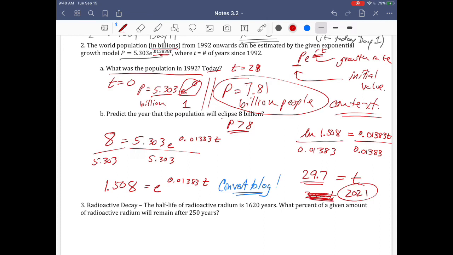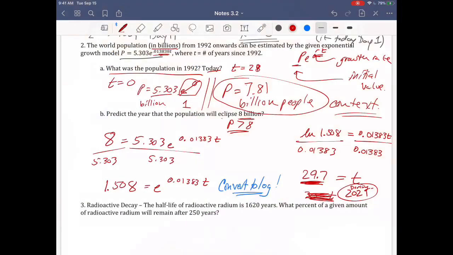Don't round up to 30, because at the beginning of the 29th year, it will not have reached 8 billion. By the end of the 29th year, it will have reached 8 billion. So during 2021, it will have reached 8 billion.